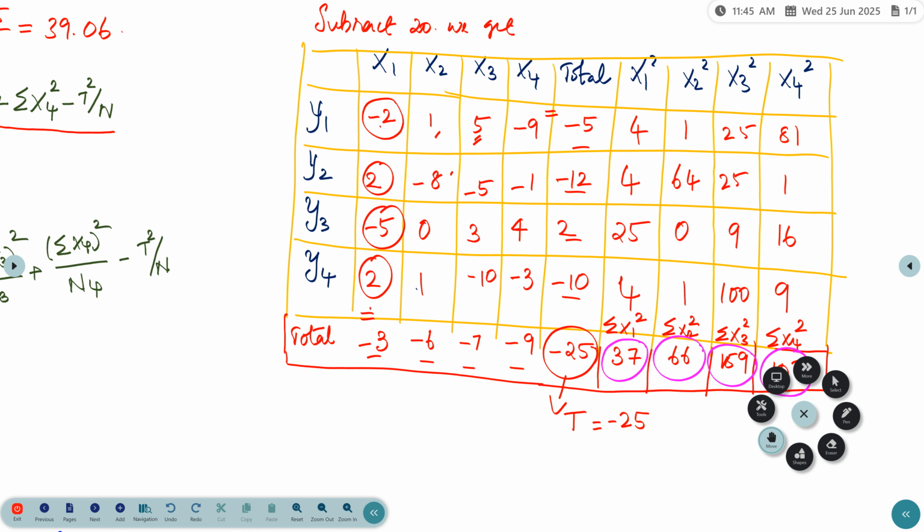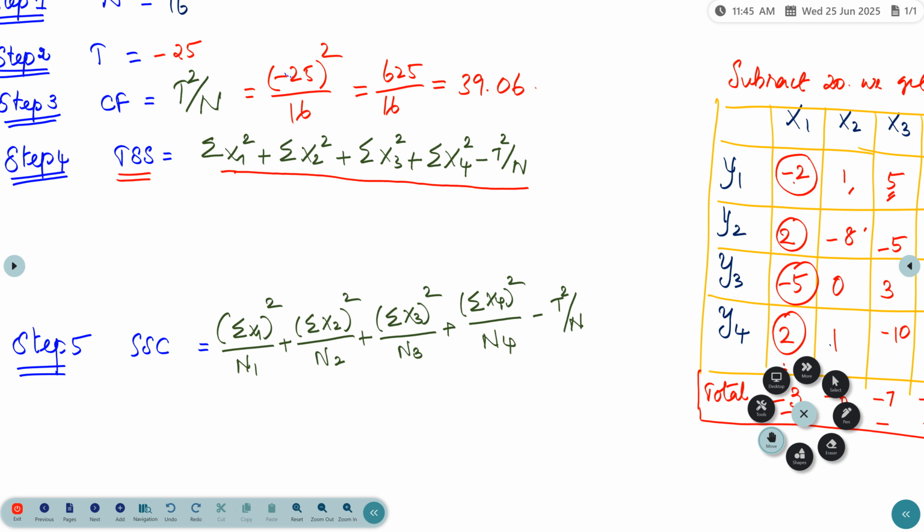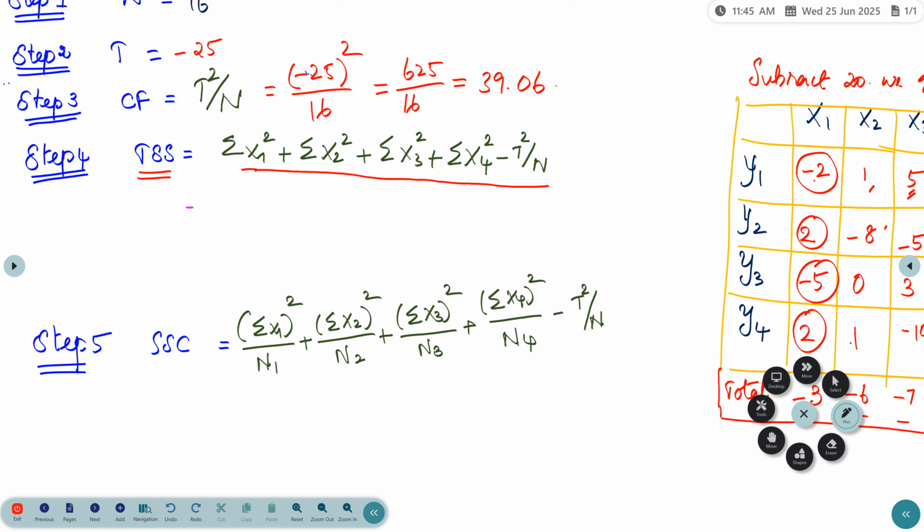So I am going to take all the values from the table: 37 plus 66 plus 159 plus 107 minus T square by n, which we already calculated as 39.06. The answer is 329.9. Using a calculator, you will get 329.94.